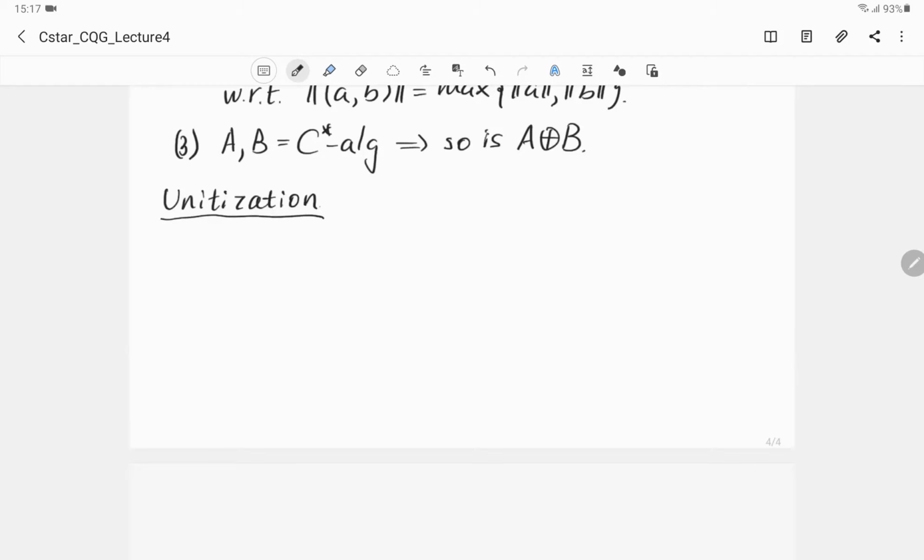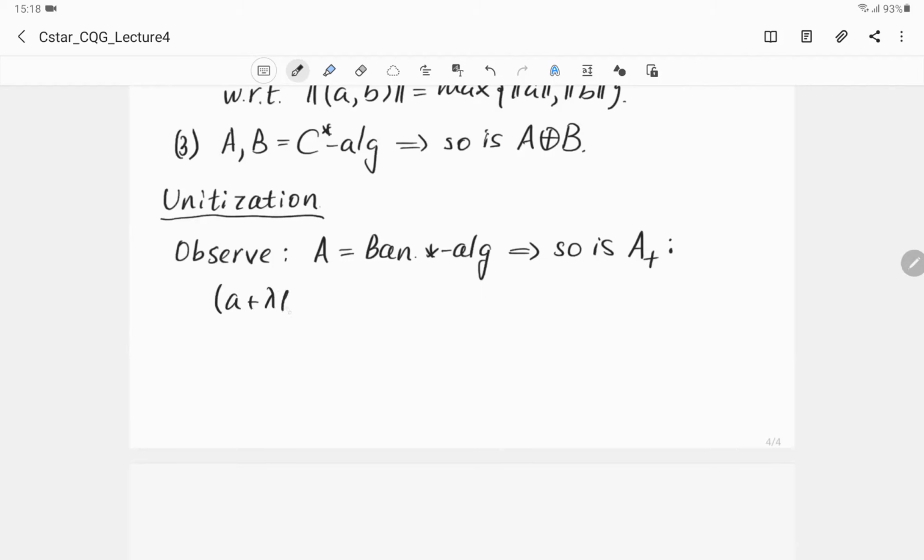So let's now consider unitizations of C-star algebras. First of all, we observe that if A is a Banach star algebra, then so is the unitization of A. Namely, we define the involution on the unitization in the only possible way: (a + lambda 1)* is a* plus lambda complex conjugate 1.